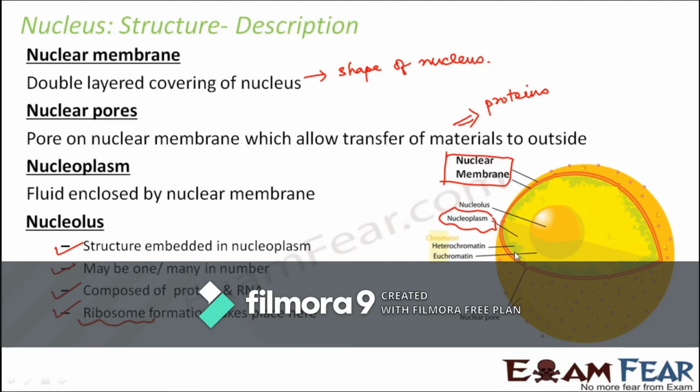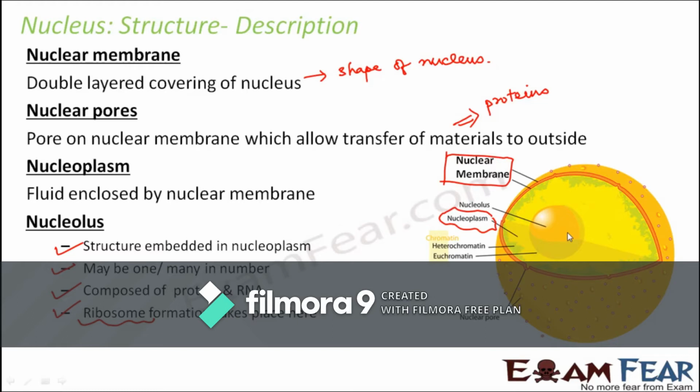Now you will learn about the concept of protein synthesis in your senior classes. If you want to really learn about it, you can refer to the biology videos of class 12. There I have discussed the concept of protein synthesis in more detail. So for now you can just understand that this nucleolus is nothing but a very dense area which contains the protein RNA complex that are being formed.